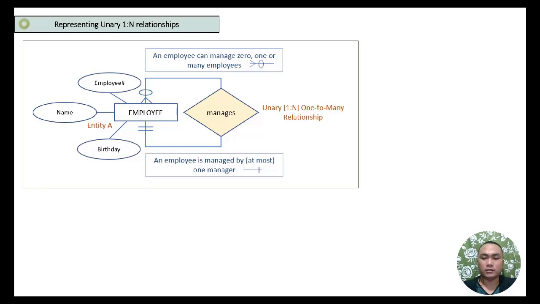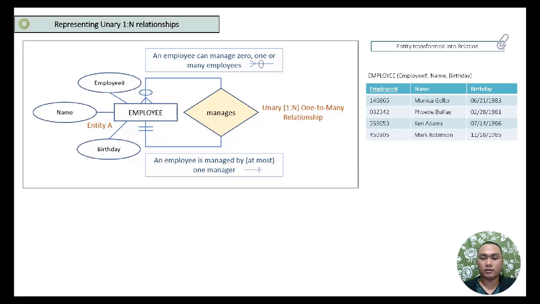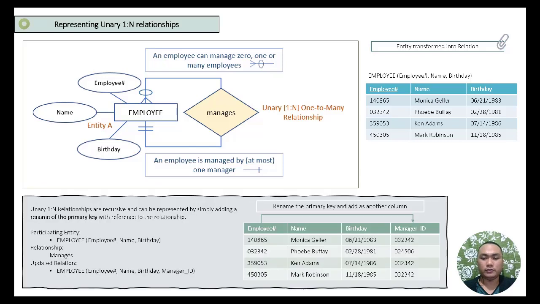Transforming the entity into a relation, we will get this. To represent the relationship manages, we can simply add a rename of the primary key employee number to the relation. In this case, we can rename it as manager underscore ID, which will contain the employee number of the employee's manager.